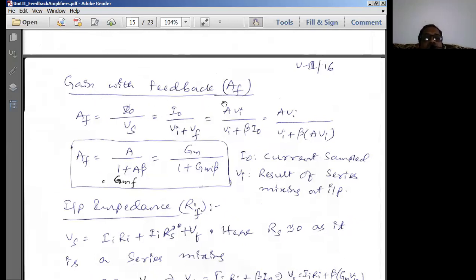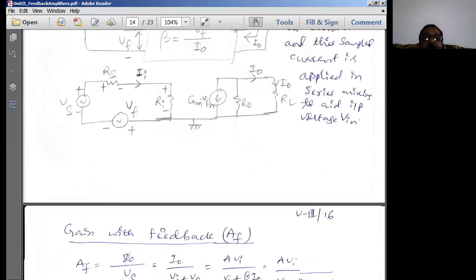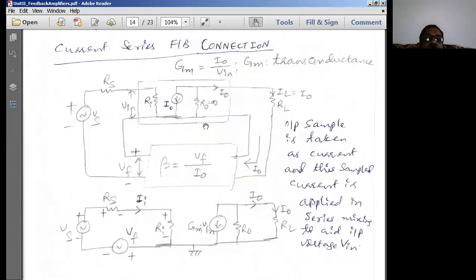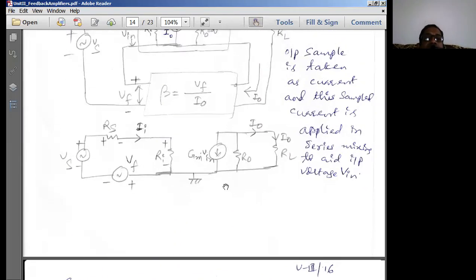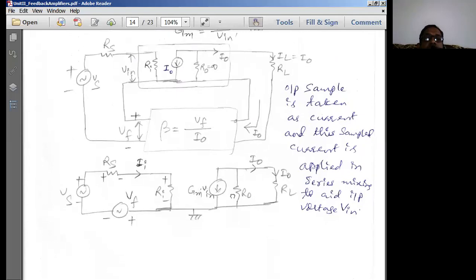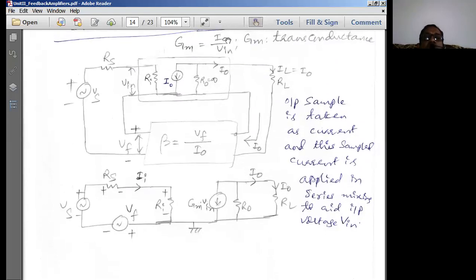So gain with feedback for a transconductance amplifier will go like this. Overall gain of the amplifier: output is taken as current because it is current series mixing. Input is voltage Vs. So Vs is nothing but Vi plus Vf. Just now we did. What is I naught? I naught is the output current.